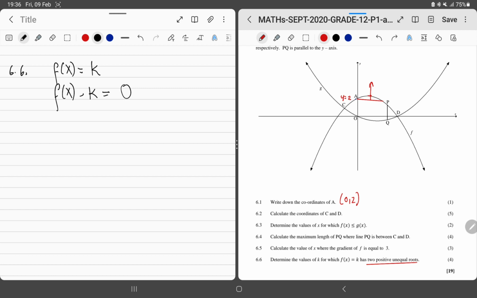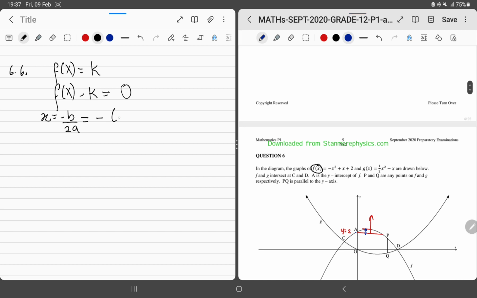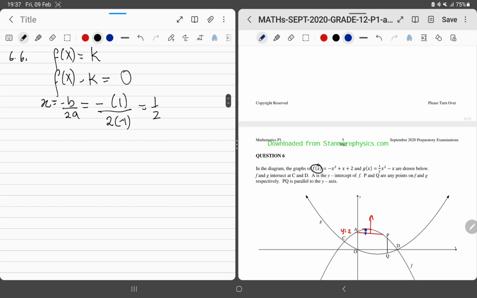So it means that I need to find the value of y at the turning point, because my solution is going to lie somewhere there. Okay, so x is equal to negative b over 2a, negative 1 over 2 times minus 1, which is equal to a half.